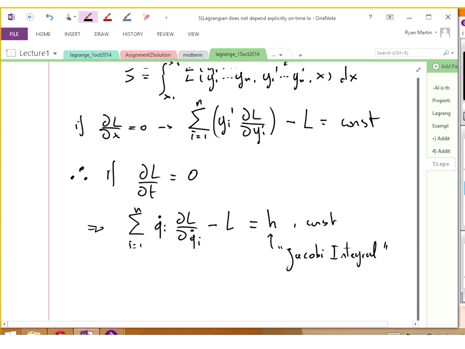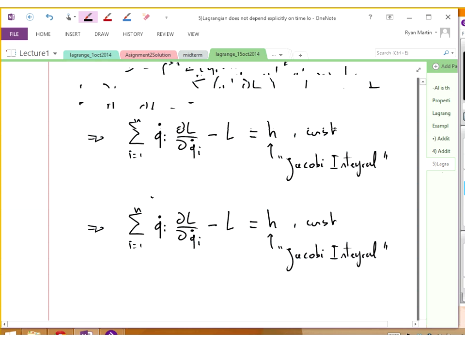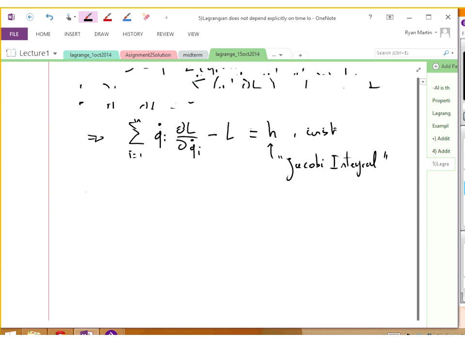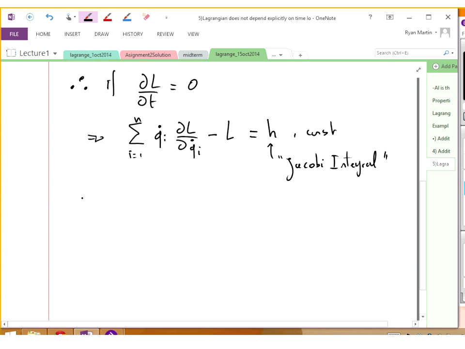So we showed that H, or this thing, is equal to a constant, right? So specifically, if ∂L/∂t equals 0, then dH/dt equals 0.